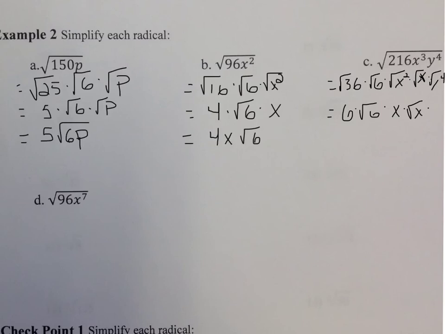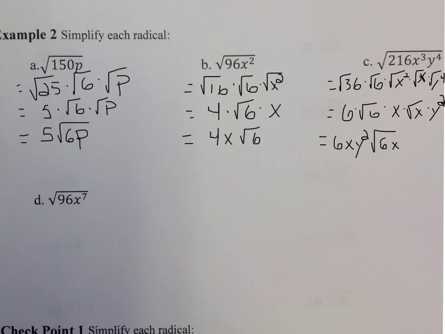We divide the power by 2. If I rearrange it so things without a square root are in front, I get 6x y squared and the square root of 6 and x.